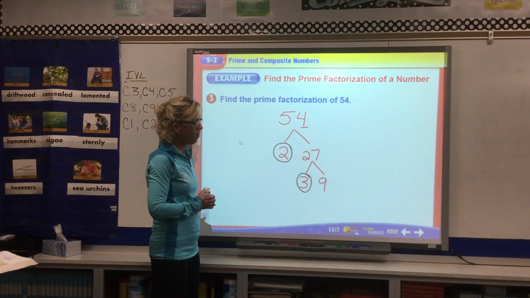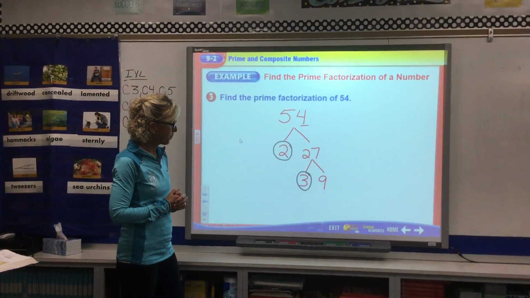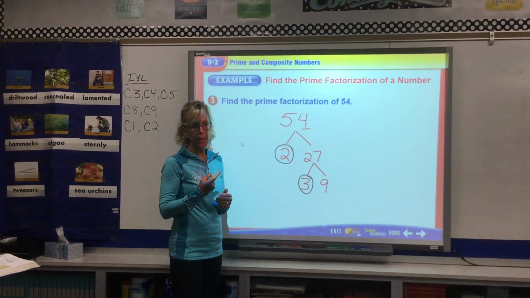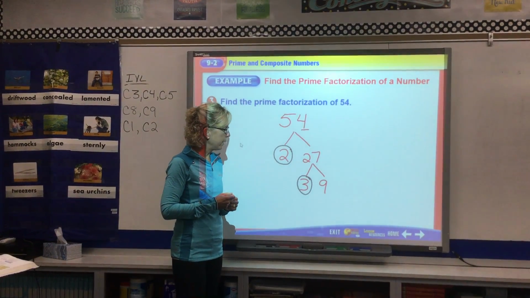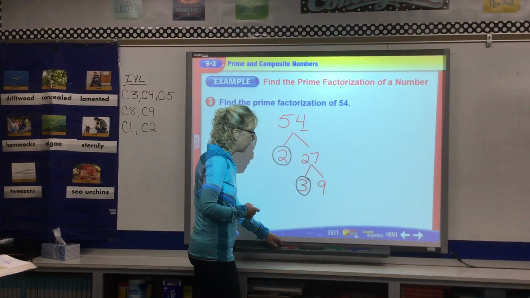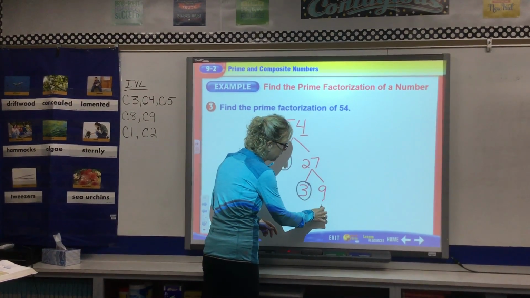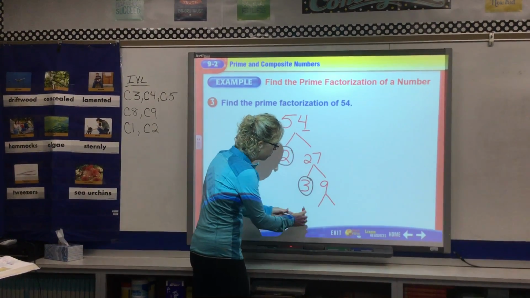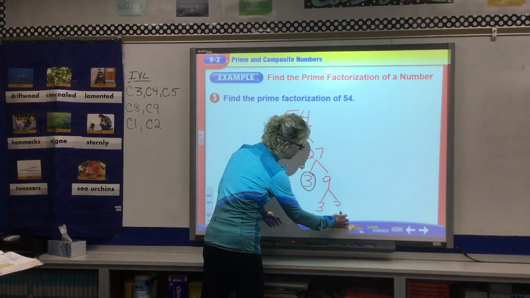Is 9 a prime or a composite number? I know that 1 times 9 is 9, but I also know that 3 times 3 is 9. So I know that 9 is a composite number, so I'm going to break that one down a little bit farther, and I'm going to write 3 times 3.